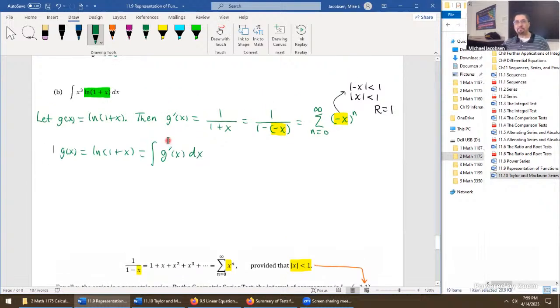And again, I'm forgetting, before I put g prime of x dx in there, let me take one more line right here. This is sum from 0 to infinity, negative 1 power of n, x power of n. So natural log 1 plus x. Here I'm just putting in the substitution of g prime of x is going to be equal to the sum from 0 to infinity of negative 1 power of n, x power of n.